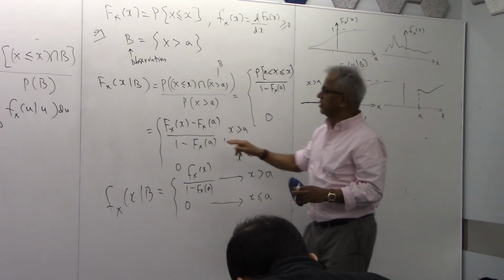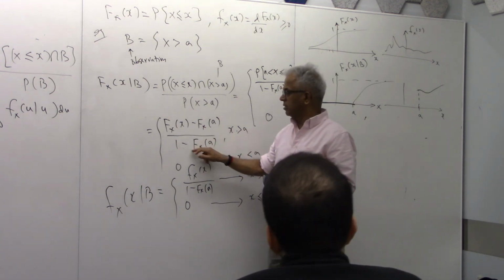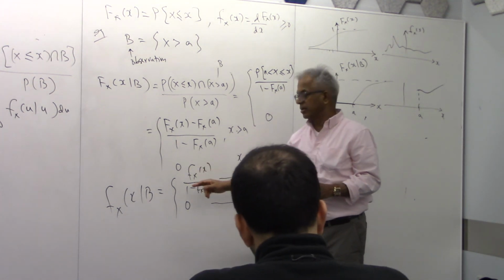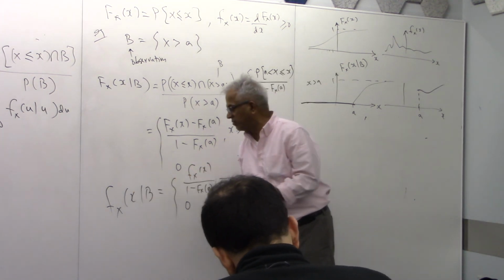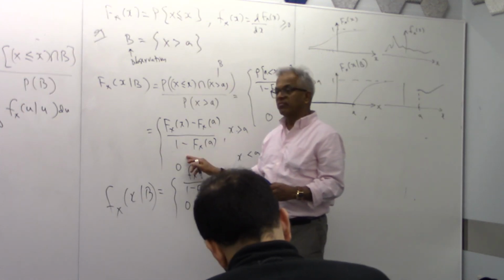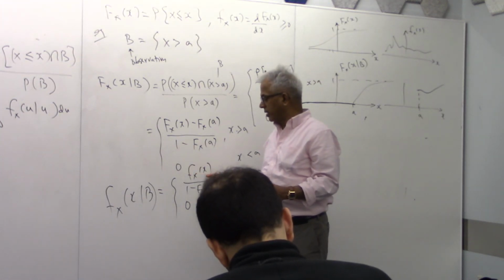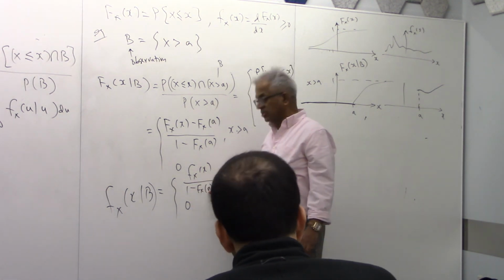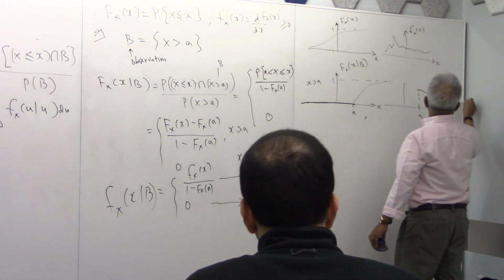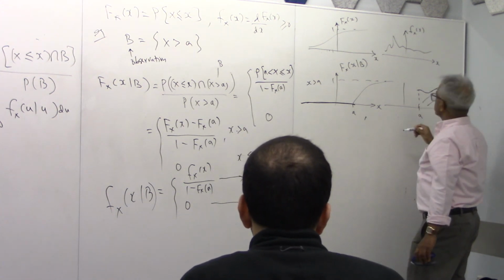And what's the value at infinity? 1 minus this divided by this, so that's 1. So everything checks out. Let's see whether the area under this density function, which is only valid from a to infinity, is 1 minus F_X(a), which is the same as the denominator, so it cancels and you get 1. So the area under this is also 1.